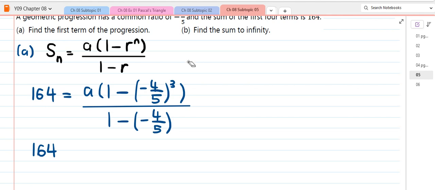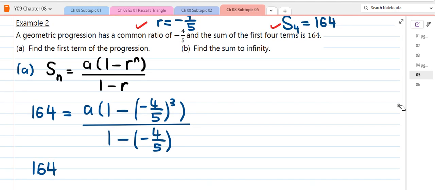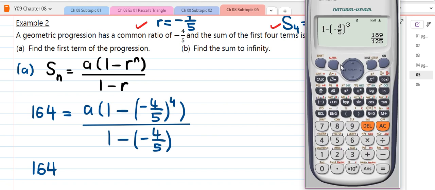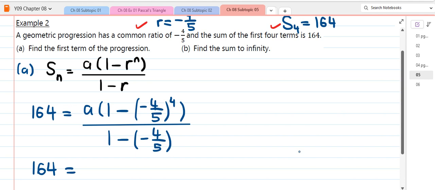Apology for the mistake: here the power is 4 because n is 4. So let's double check. So here it should be 4. So 369 over 625. Let's double check again, just to make sure that we all have those correct. So yes, it will be 369 over 625.